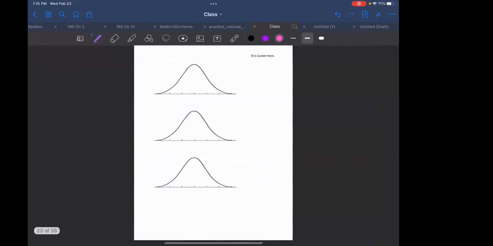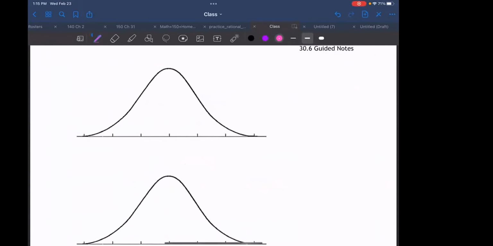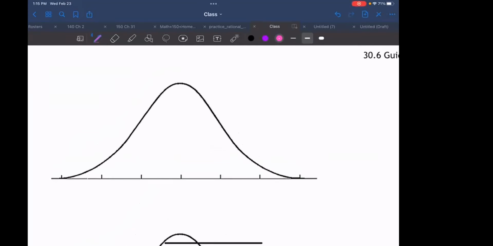Okay, so I have 3 graphs here. These graphs are going to become very important in the next set of questions that we're going to talk about. What I have here is our bell curve. This topic only works for normal distributions. I have little tick marks on the bottom. What these tick marks represent, for example, we could put 0, 5, 10, 15 on the bottom, just like a regular x-axis.